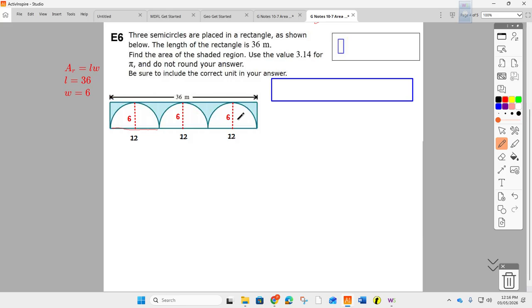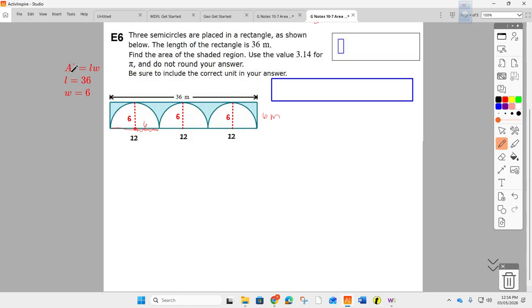We are going to need the radius. If this is the diameter, then half of that diameter is the radius, right? So this is a radius, this is a radius, and from the center of that diameter to the edge of the circle is also a radius. So we know that the width of this rectangle is 6 meters.